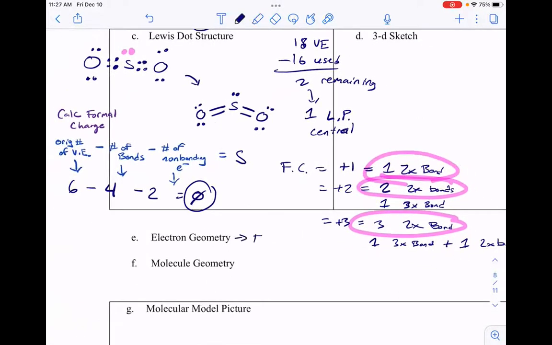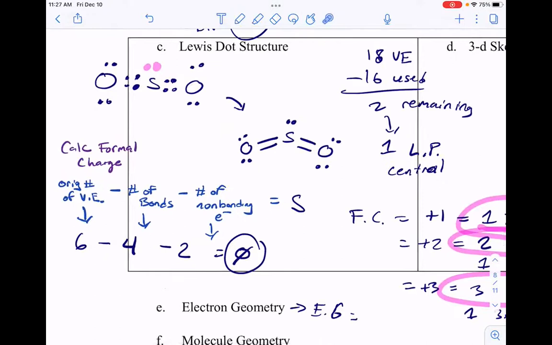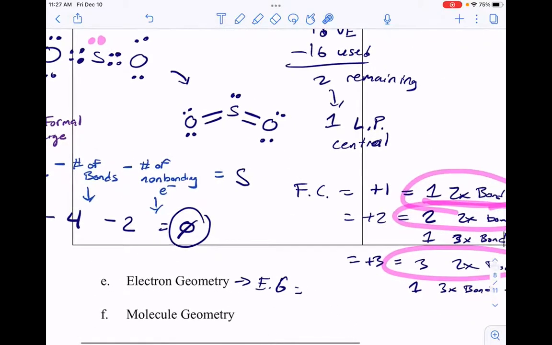All right, so let's go ahead and talk about electron geometry. How many groups of electrons surround the central atom? Five. So in this case, a double bond counts as 1 group, a triple bond counts as 1 group, a lone pair counts as 1 group, a single bond counts as 1 group.